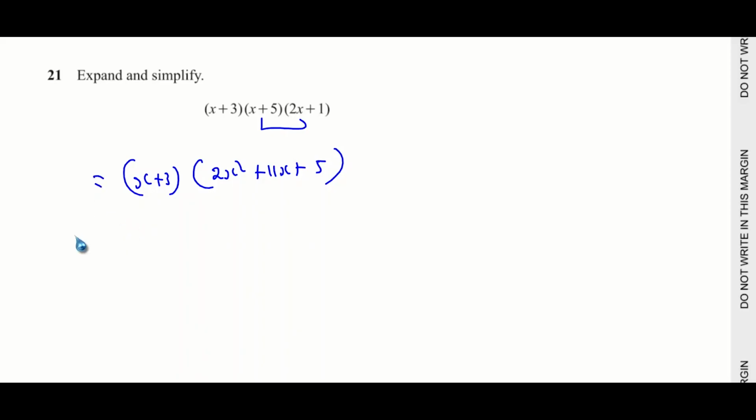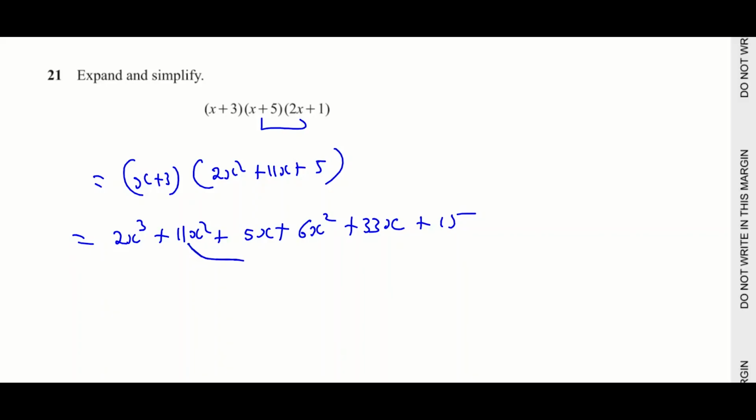This will be equal to 2x cubed plus 11x squared plus 5x, plus, now let's multiply by 3. That will be 6x squared plus 33x, plus 3 times 5, 15.